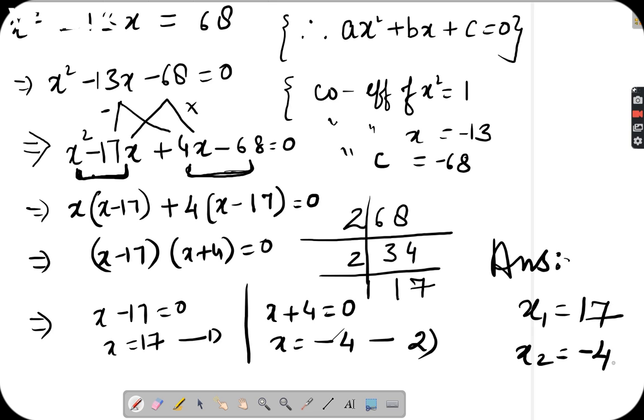Since the equation was in quadratic form, we are getting two solutions for the given equation.